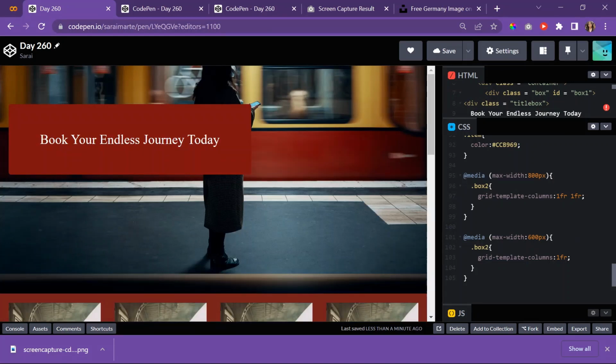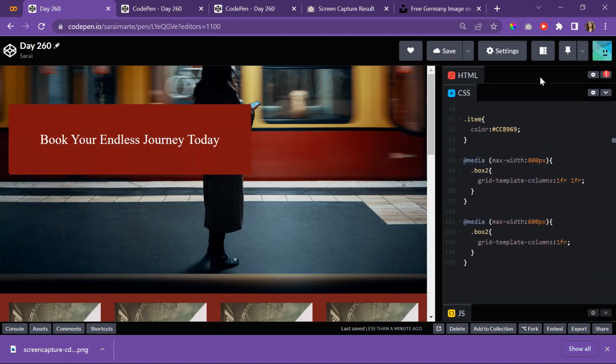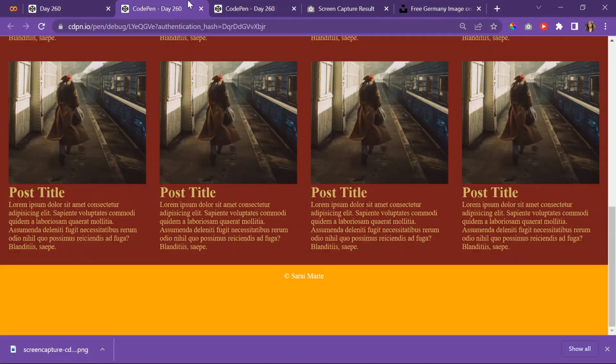Grid template. Is it not box 2? It is box 2. Oh, it's hashtag box 2. Because it's an ID. I give it an ID.